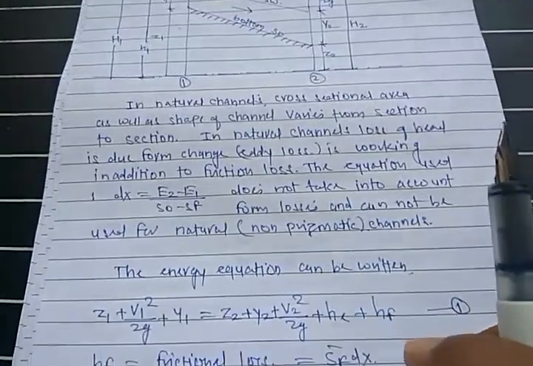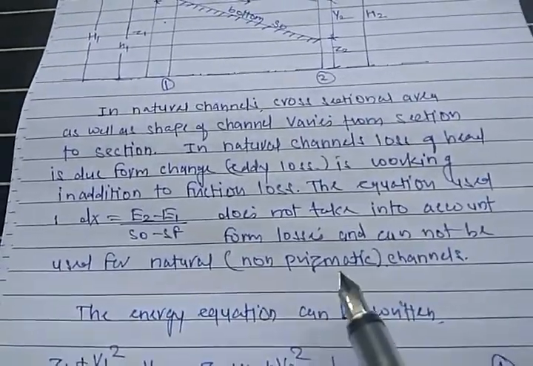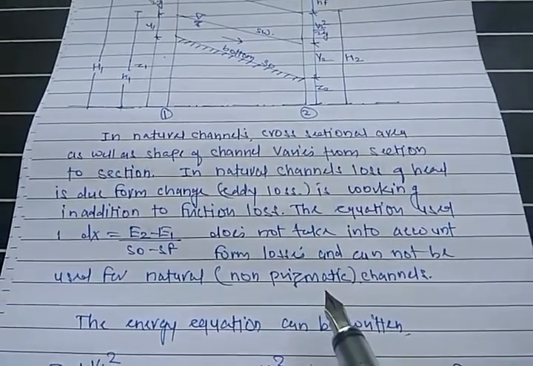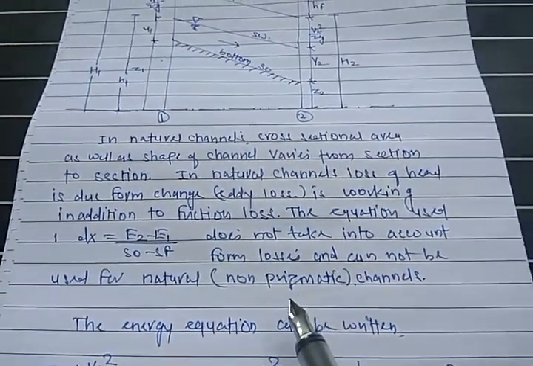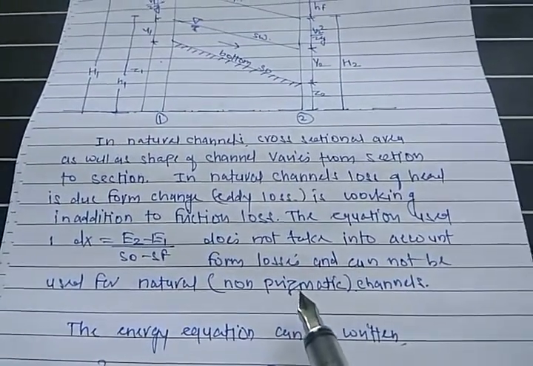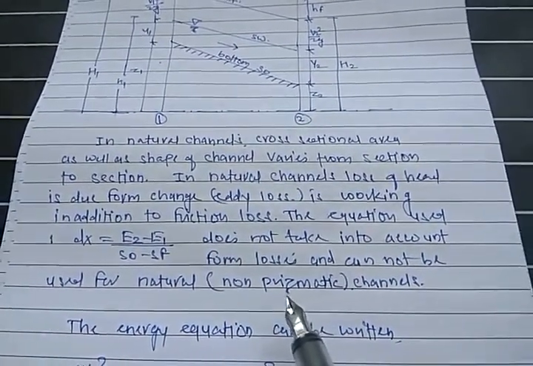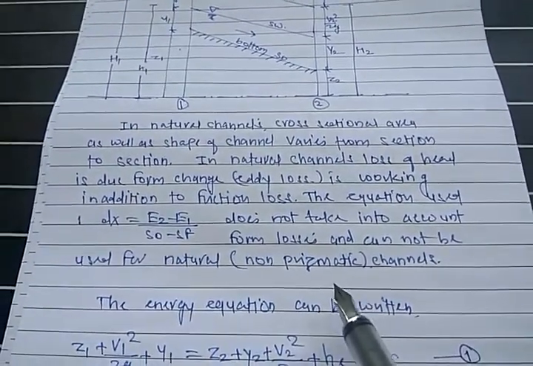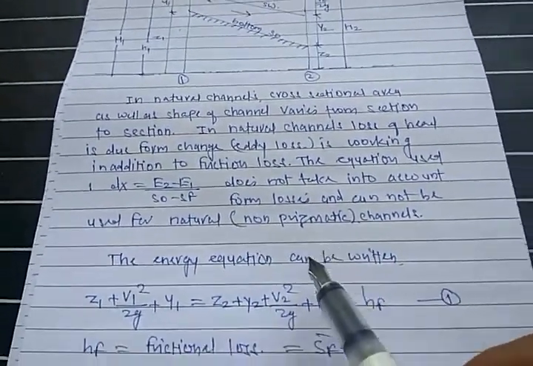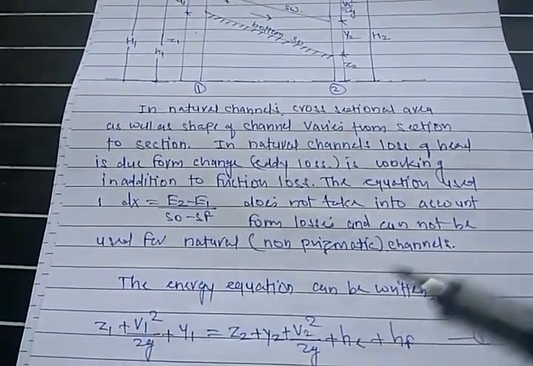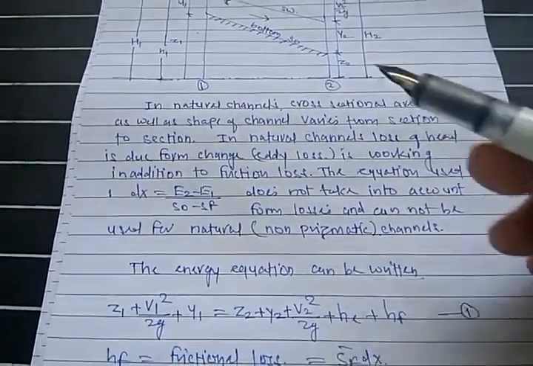So what is a prismatic channel? A prismatic channel has the same cross section throughout its length, and the same properties of material all around, so its material does not change, its cross section does not change, its shape does not change, etc.